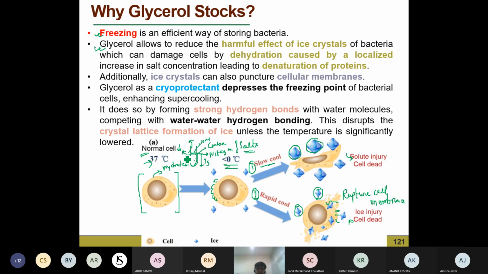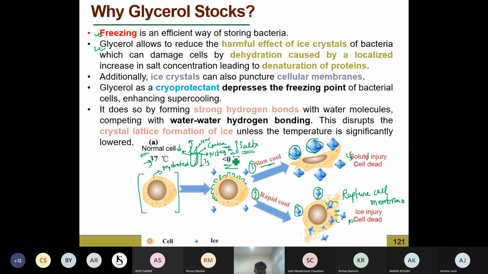But during the freezing and sublimation, you have removed the liquid. Now the concentration at the surface of the cells for these salts, the carbon source, the nitrogen source like amino acids, and any other solutes, we have taken the term solute, will be increased at the neighboring surface of the cells.